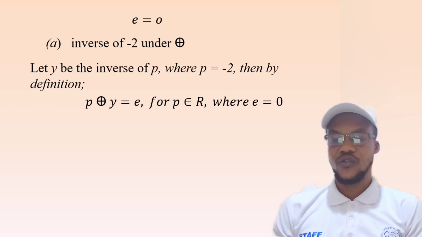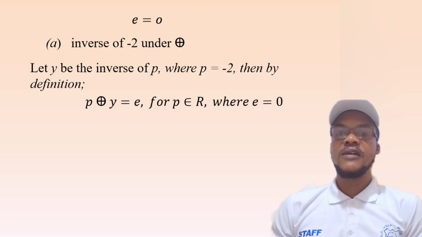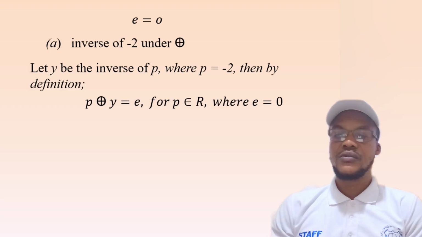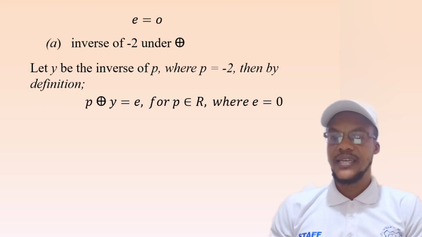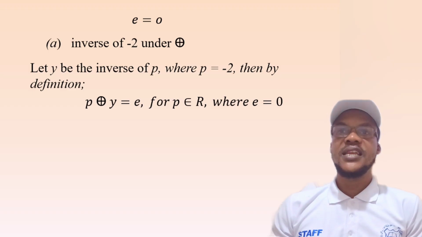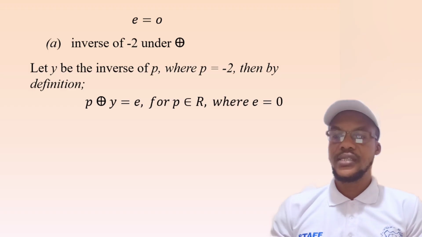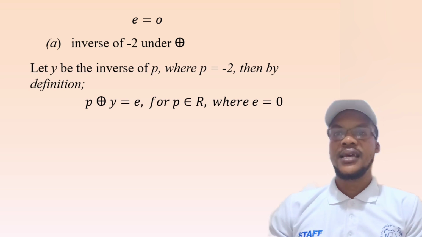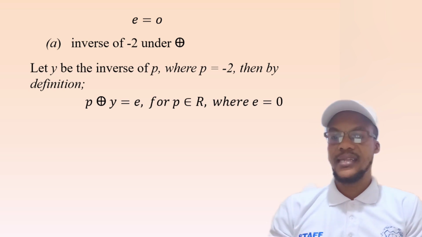That's what we are talking about. So when the P operates with its inverse, it gives what? The identity element. So if you have forgotten, then keep it in mind that any number that when it operates with its what? Inverse, gives the identity or the neutral element. That is what we are talking about.